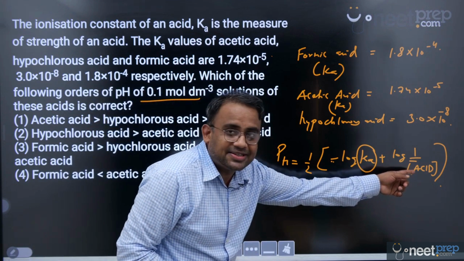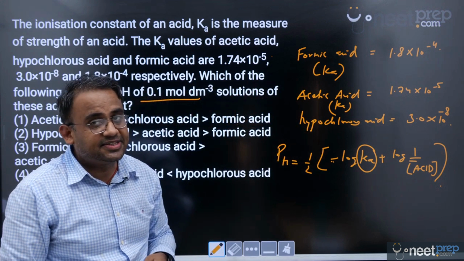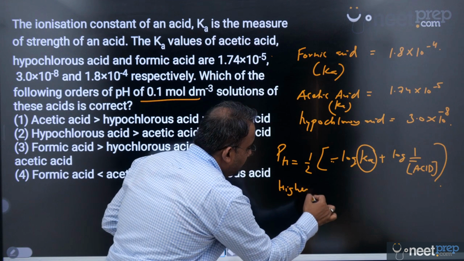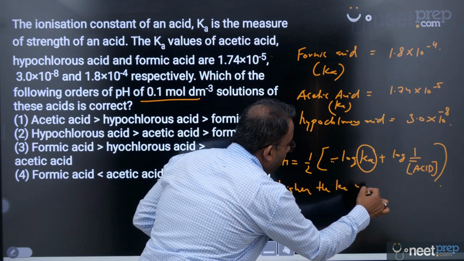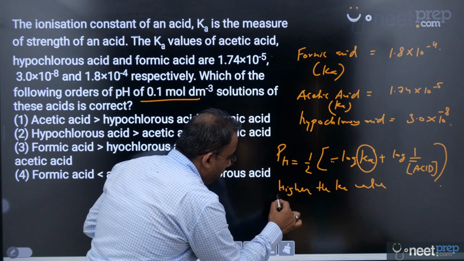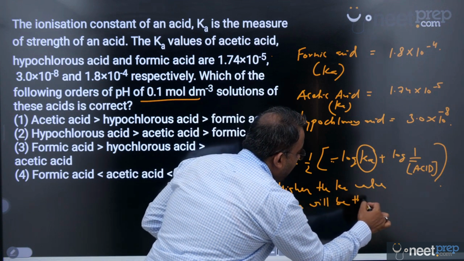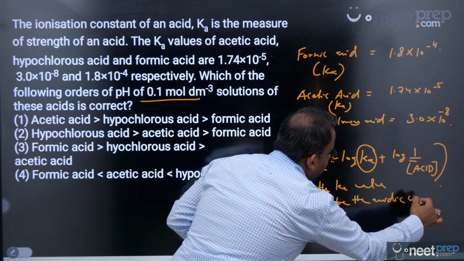Concentration of acids in all three cases is the same. The higher the Ka value, the higher will be the acidic character.